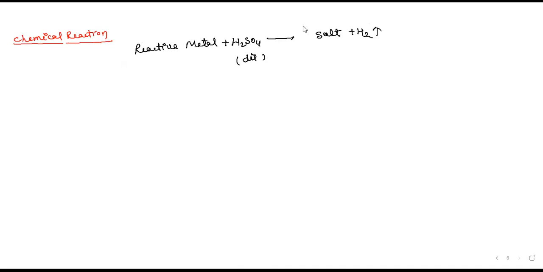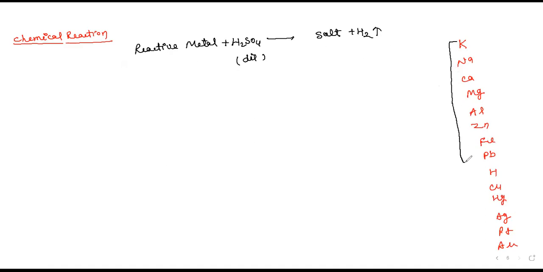For which metals are we asking? The reactivity series: K, Na, Ca, Mg, Al, Zn, Fe, Pb, H, Cu, Hg, Ag, Pt, and Au. So I am basically talking about the metals which are above hydrogen.